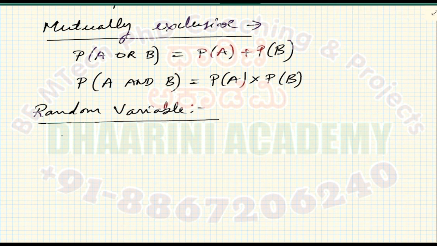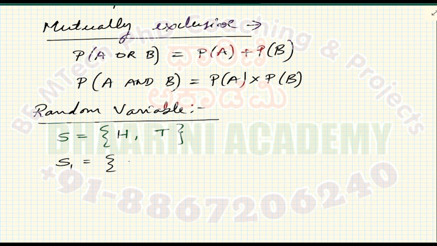Let us say the experiment is once again the same: head and tail. You are going to get a result like this when you throw a coin once. What I do now is go for a slightly more complicated experiment, which I'll call S1.